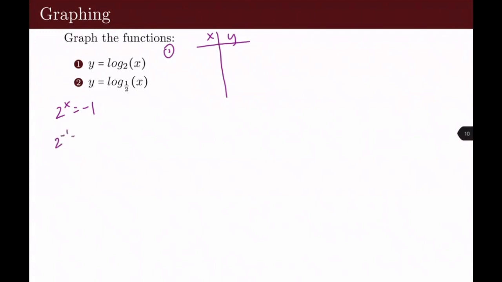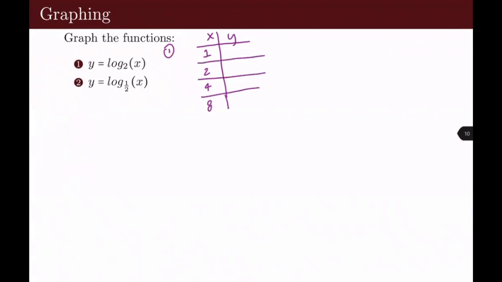Since 2 to the negative 1 is a half, 2 to the negative 2 is a fourth, and etc., we'll never get a negative number or really anything below 0. So we only worry about positive numbers. So I'm going to plug in 1, 2, 4, and 8, since those are powers of 2.